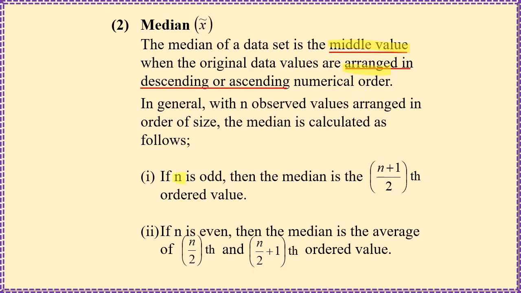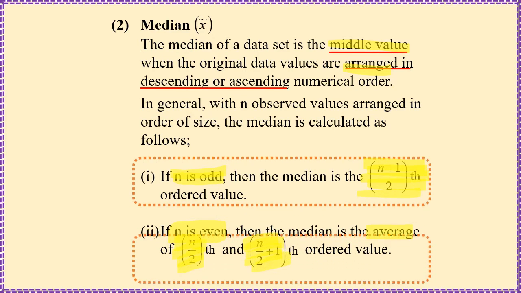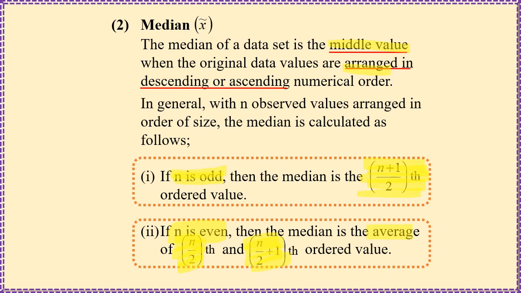If n is an odd number, then the median is the (n plus 1) over 2 observation, the ordered value at that position. But if n is even, then the median is the average between the n over 2 observation and the n over 2 plus 1 observation. So you have to remember, what we need to do is to determine whether n is an odd or even number.